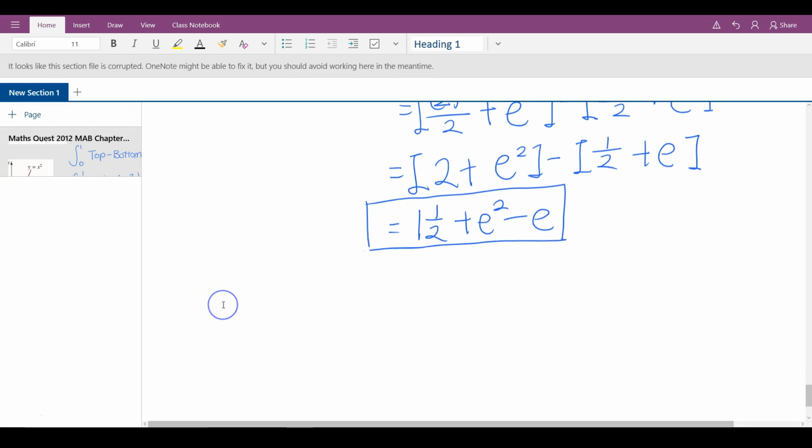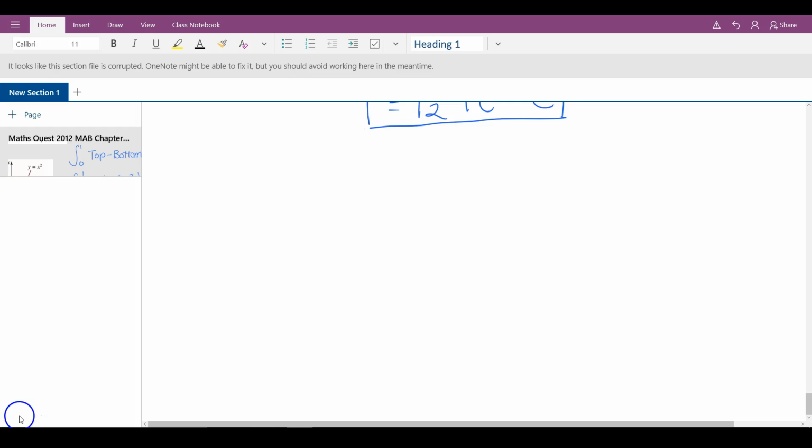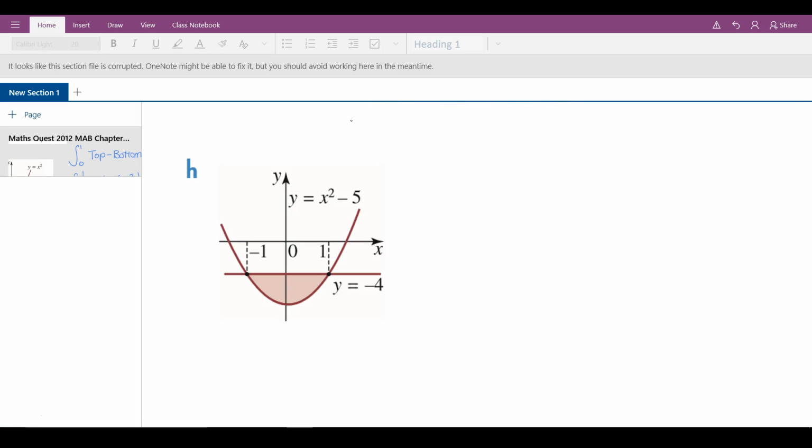All right, finally, last question. Question H. Let's see our region. Our domain will be from -1 to 1. It's always top minus bottom, integrating with respect to x.